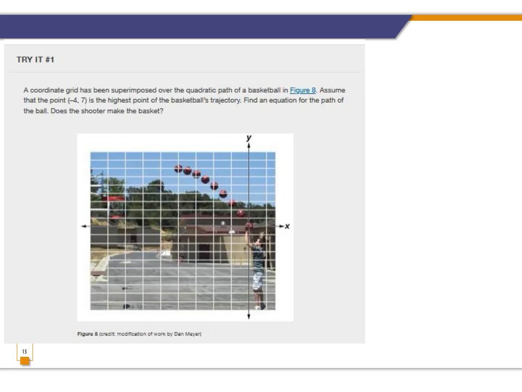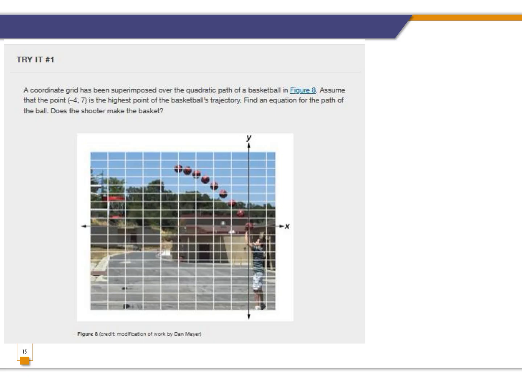Okay, try it. This will be all on you, but it's a real world application. It's got basketball in it. It says here, a coordinate grid has been superimposed over the quadratic path of a basketball that's in our figure. Assume that the point -4, 7 is the highest point of the basketball's trajectory.